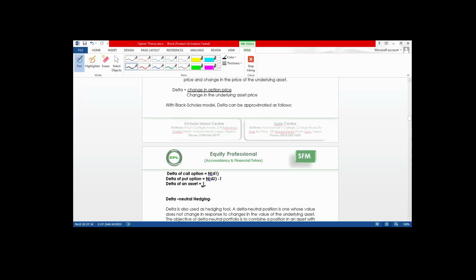Delta of a call option, N(d1). Delta of a put option, N(d1) minus 1.